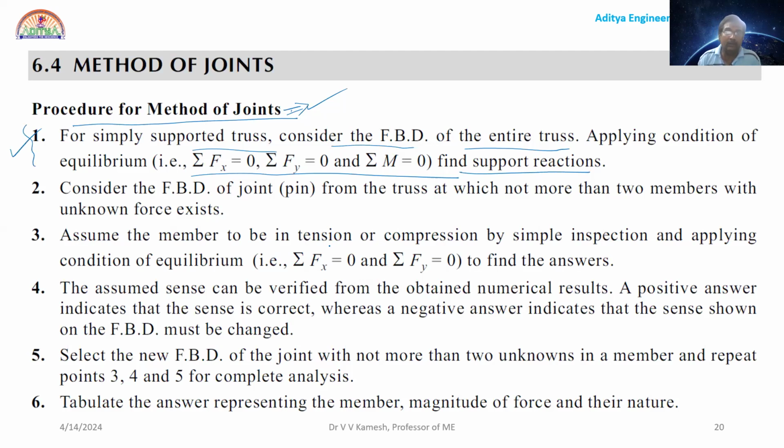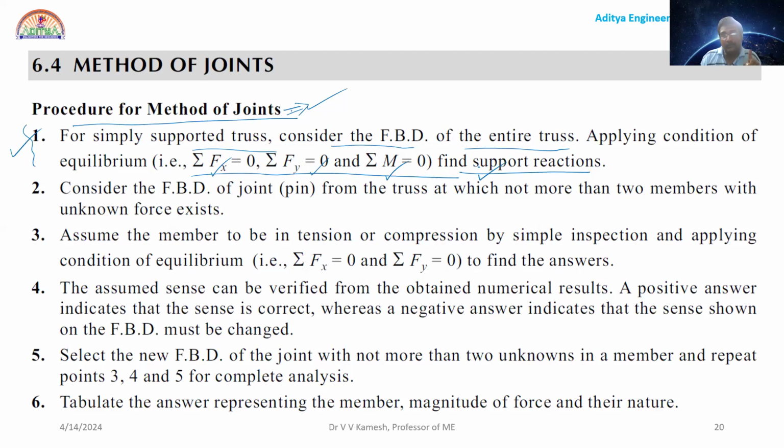We completed many problems, uniform distributed load and uniform varying load, point load and their combination along with the moment. We applied the equilibrium conditions sigma Fx = 0, sigma Fy = 0 and sigma M = 0 to find support reactions. So after finding the reactions, what do I need to do?